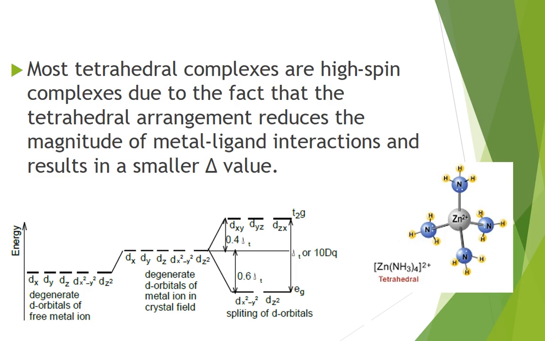Most of the tetrahedral complexes are high spin because in this case the crystal field splitting energy delta T is of lower value as compared to octahedral. So because the separation is less, pairing will not take place, rather we get high spin complexes over here.